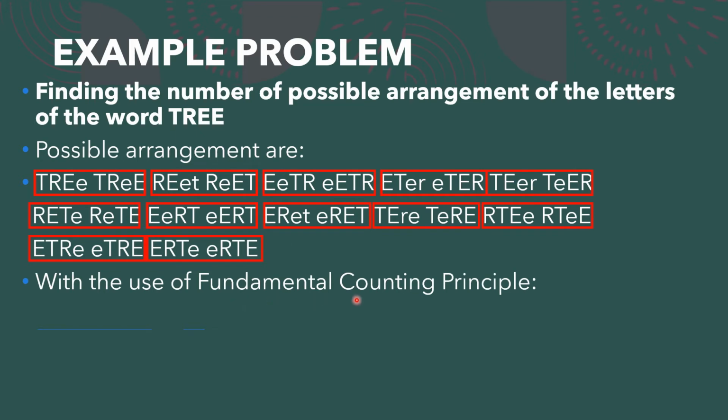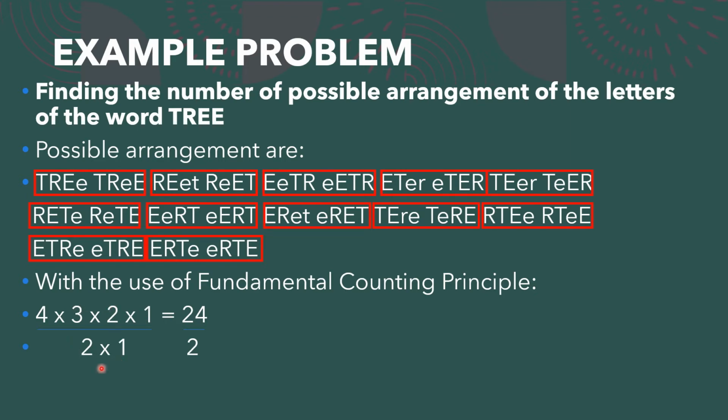With the use of the fundamental counting principle, sa unang slot, meron kang 4 letters. Sa pangalawang slot, meron kang 3 letters. At sa pangatlong slot, meron kang 2 letters. At sa pang-apat na slot, meron kang 1 letter only. So, pag minultiply mo yan, that is equal to 24. Pero, dahil nga meron tayong 2 identical letters, yung letter E natin, i-divide natin ito, 4 times 3 times 2 times 1 sa 2 factorial, or 2 times 1.